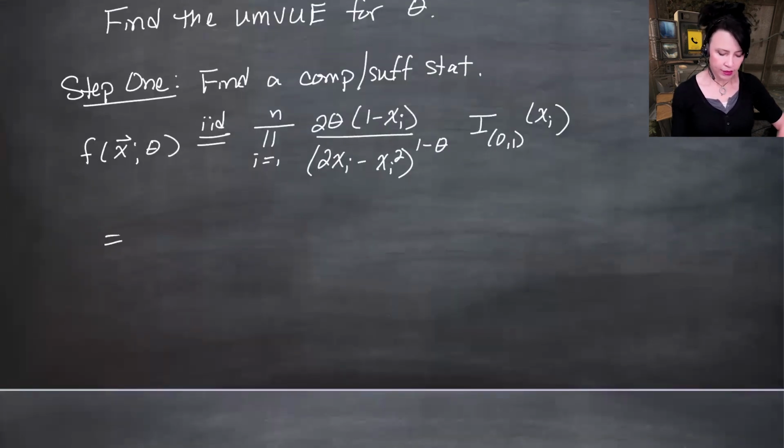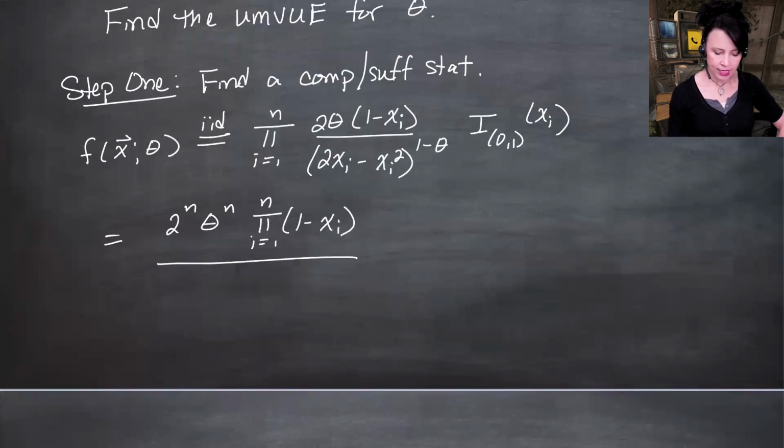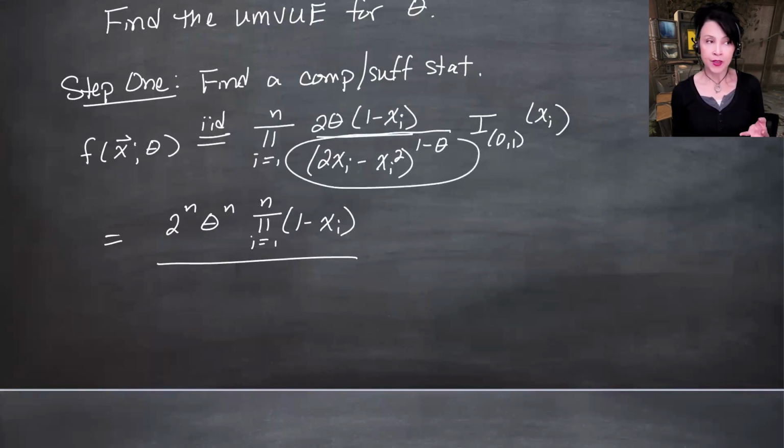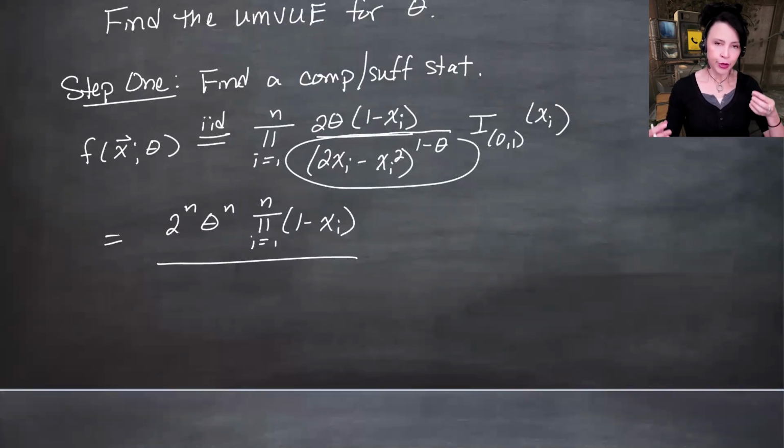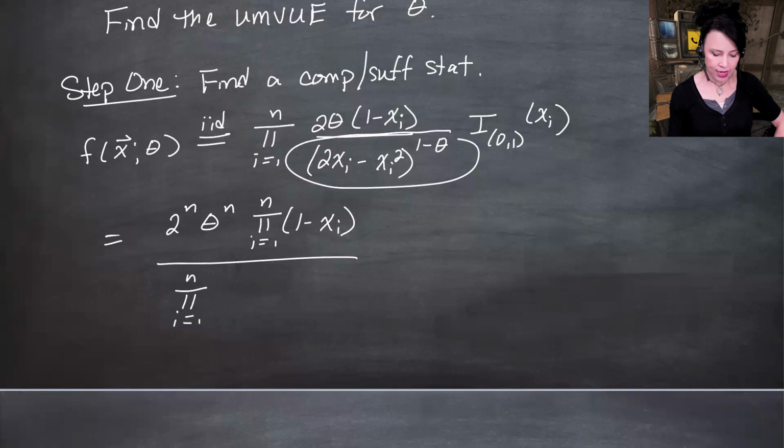If we multiply this out, I get 2 to the n, theta to the n. I get a product as i goes from 1 to n of 1 minus xi. I get a product in the denominator of terms like this. But since we're going for that separation of the x's and the parameter, I'm going to go ahead and pull that exponent out of the product and write this as the product as i goes from 1 to n of 2xi minus xi squared raised to the 1 minus theta.